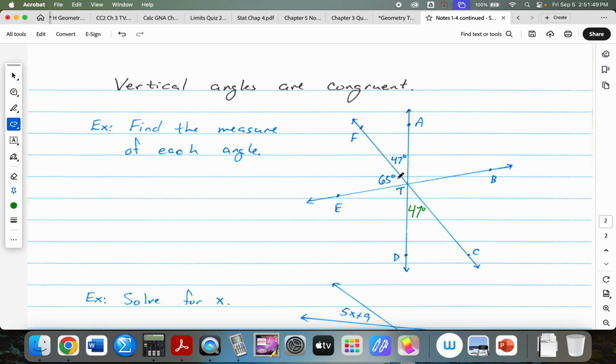So if this angle is 65, what other angle do we know? Which one? ATB? No. CTB, right? They have to be directly across from each other. That's going to be 67 degrees. I mean 65.